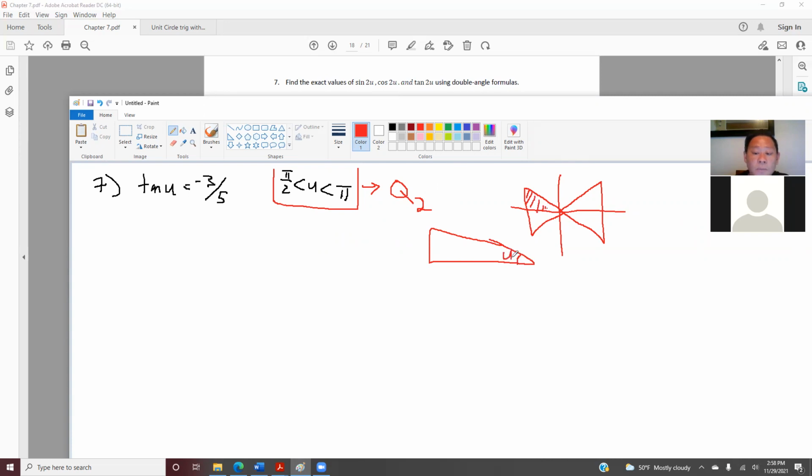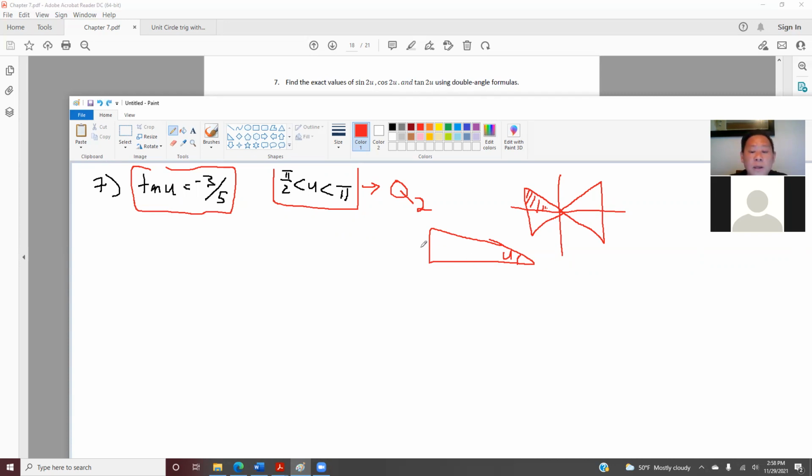So this is u. Now we can use your SOHCAHTOA to apply here. Can someone tell me what tangent stands for? What over what? Opposite over adjacent, right?